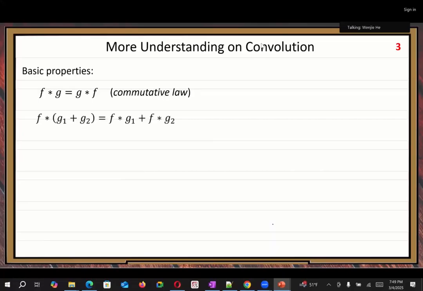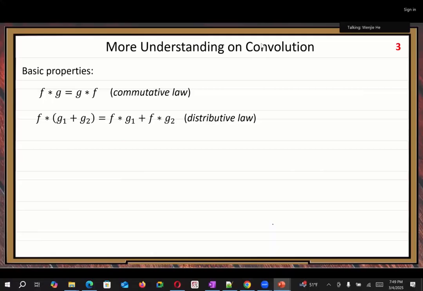Second, we call this one the distributive law. In parentheses, the first function can be distributed to all the terms. Here inside the parentheses we have two terms; if you have three terms or any number of terms, you can do this kind of distribution.